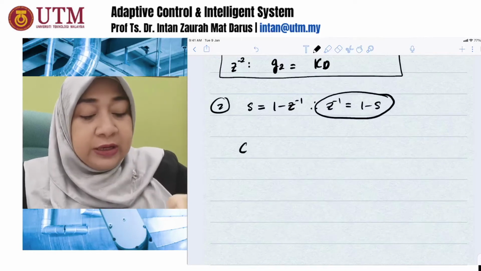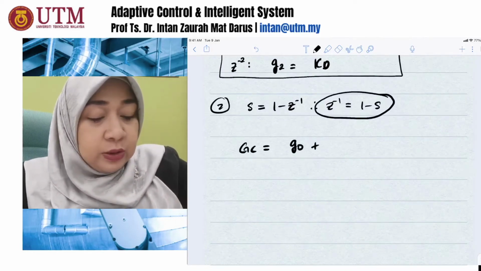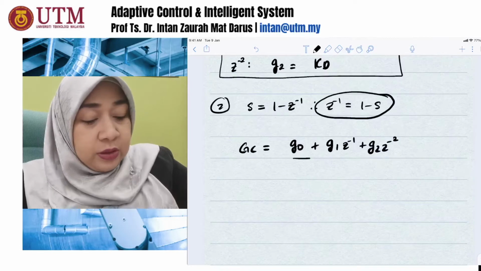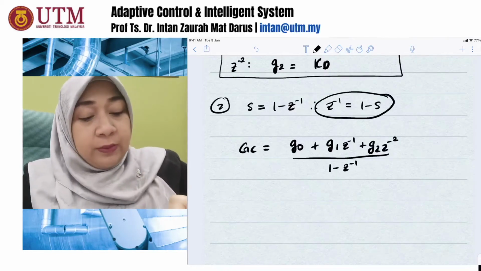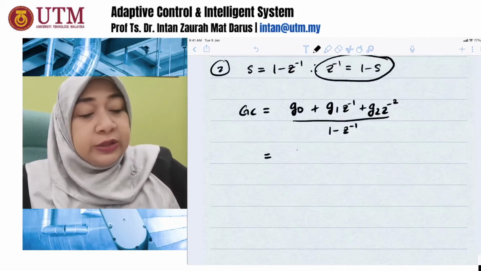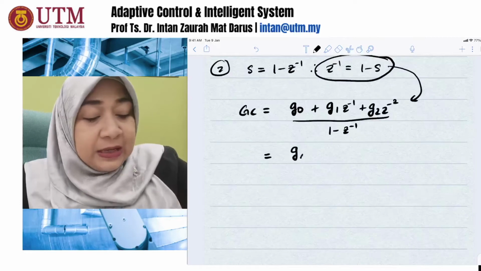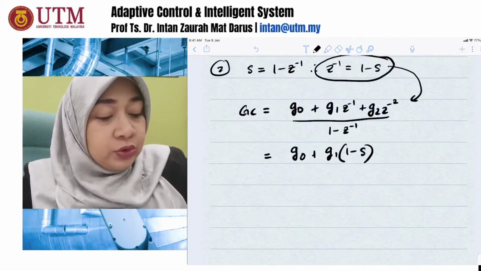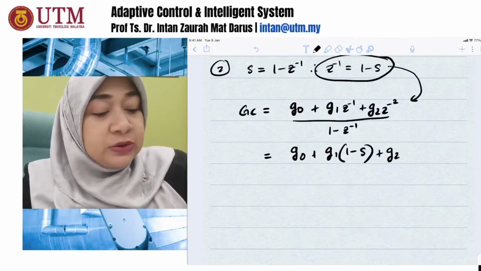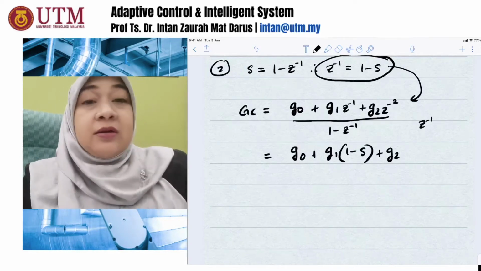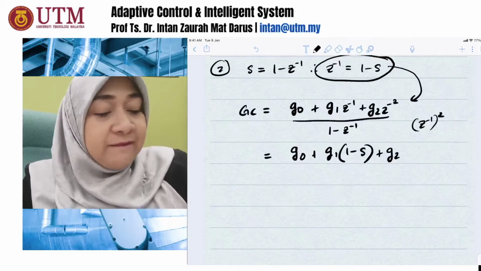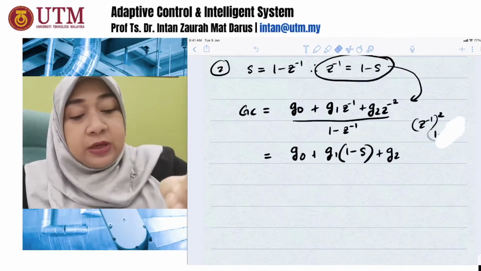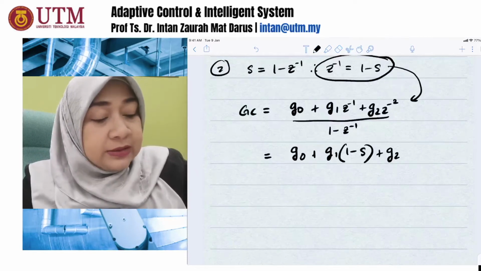The transfer function of the controller is g0 plus g1 z^-1 plus g2 z^-2, divided by 1 minus z^-1. Substituting, I have g0 plus g1 times (1 minus s), then plus g2 times z^-2. Z^-2 means I have z^-1 squared, which is the same as having (1 minus s) squared.